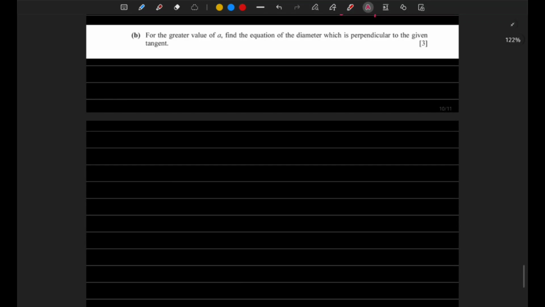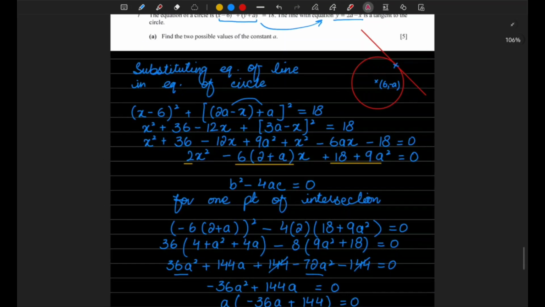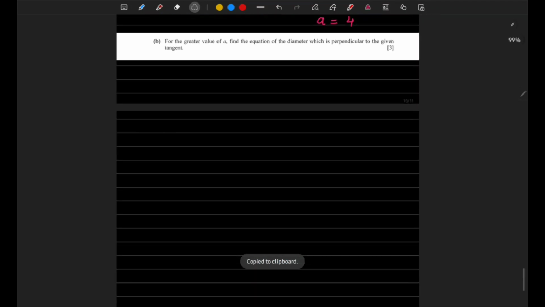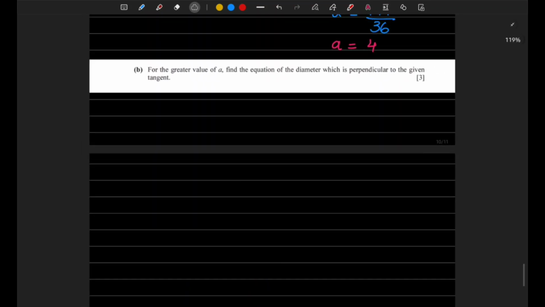For the greater value of a, find the equation of the diameter which is perpendicular to the given tangent. Let's take this diagram and see what they are asking.